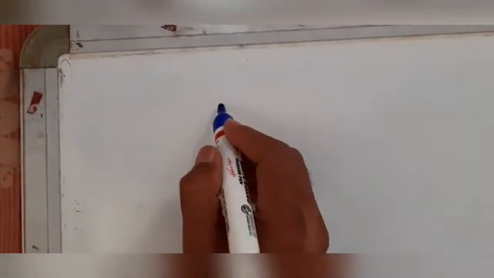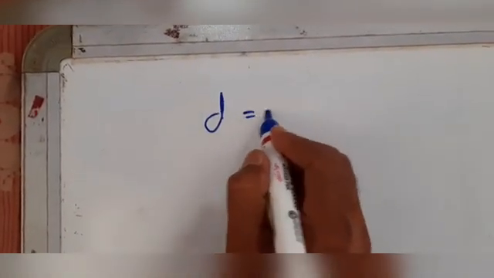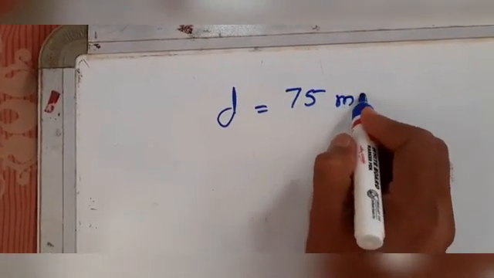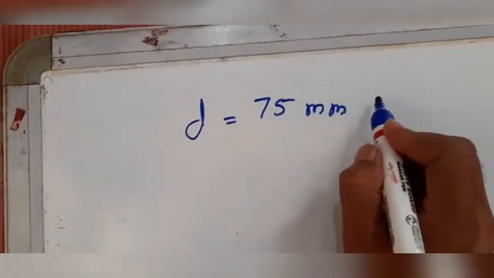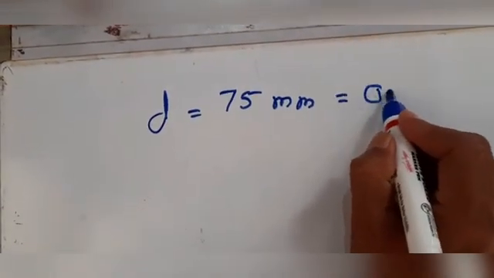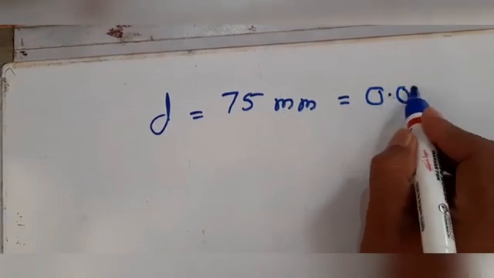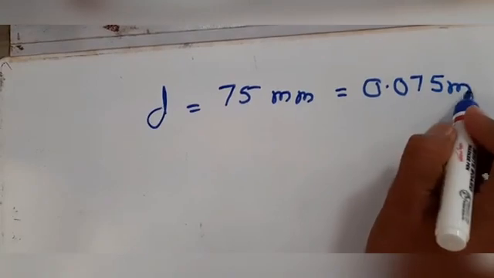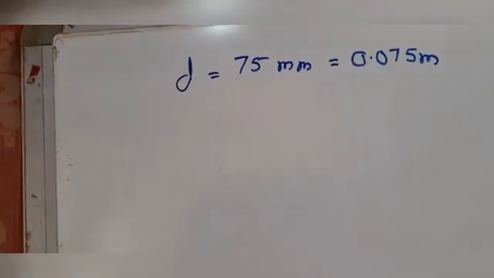Now we'll take one numerical. A jet of water of diameter 75 mm. After reading the question, you should mark the data given and convert into meter: 0.075 meter, that is divided by 1000.